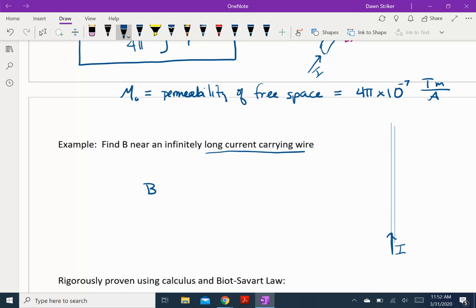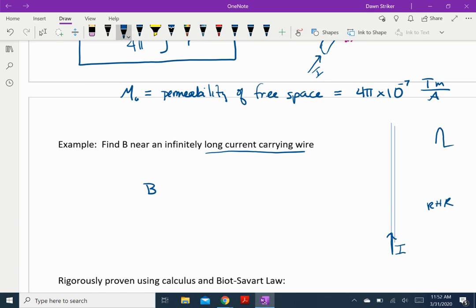Well, let's think about the direction first. So we can use our right-hand rule to find the direction of the magnetic field. If you take your thumb and you point it up in the direction of the current, so your thumb points in the direction of the current, and then you look at how your fingers are curling in your hand.